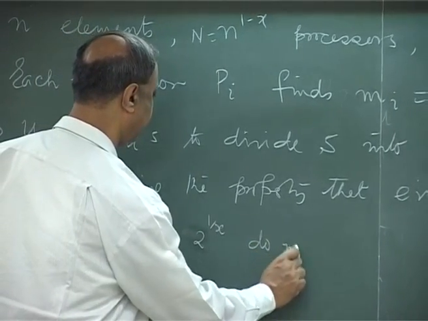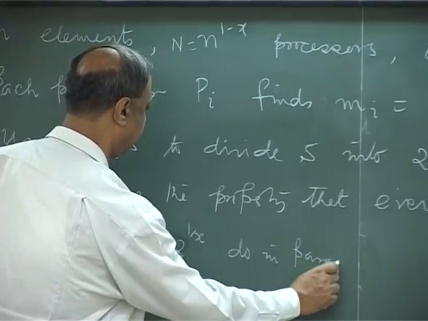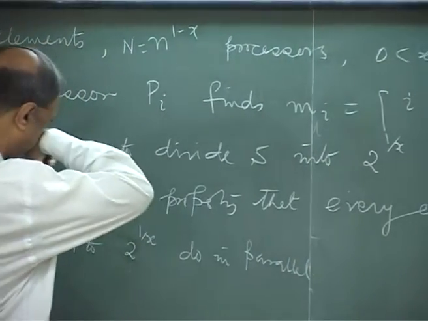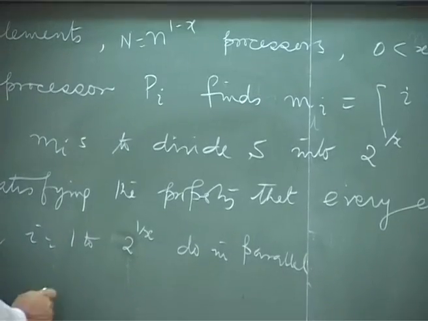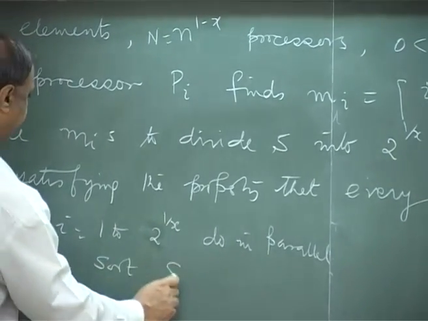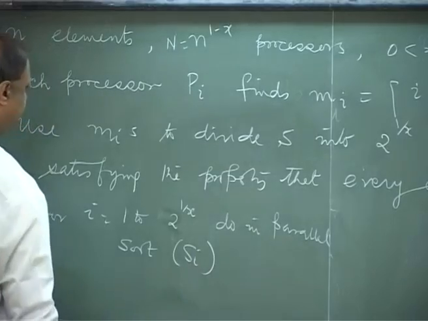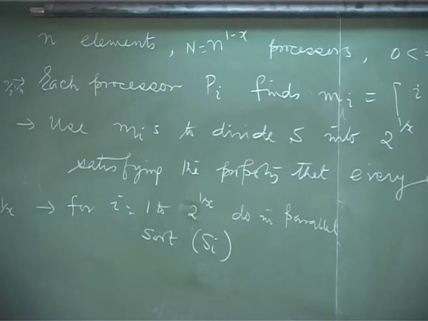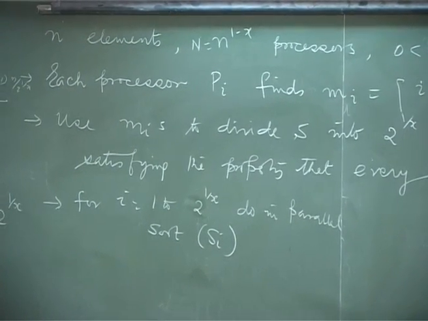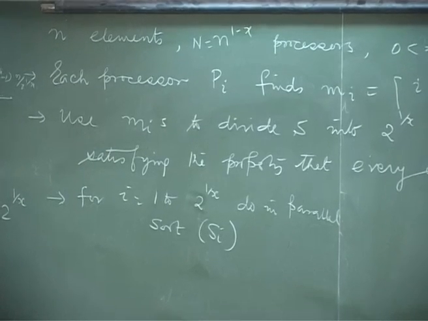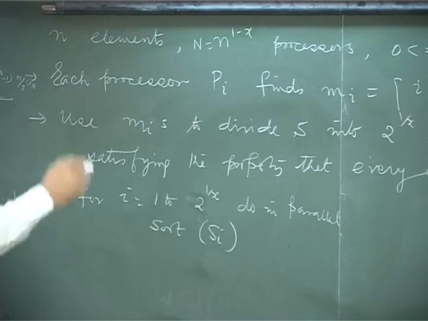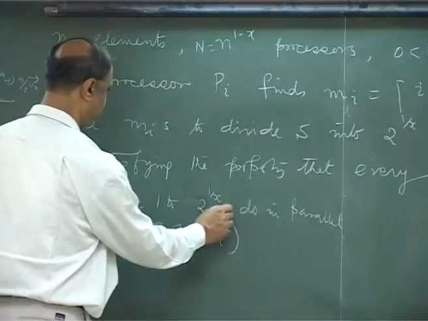Do in parallel: sort Si, up to j, 2 to the power 1 by x minus 1.